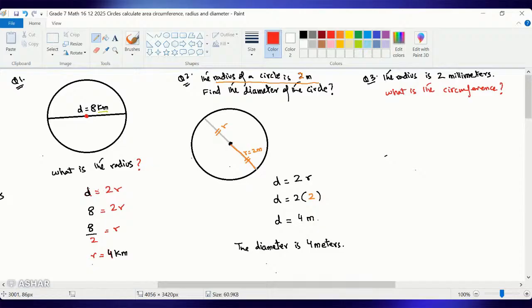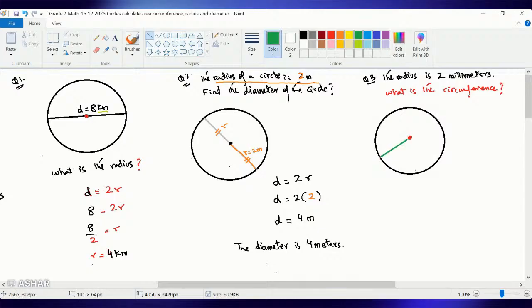We know that the circumference is always the outer ring of a circle. So let's suppose we have a given circle. What is given to us? The radius is given to us. The radius is the distance from the center of the circle to any point on the circumference.